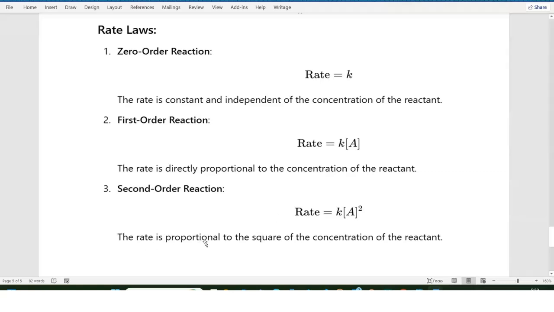So where you have two reactants, this is what it would be: the concentration of oxygen and the concentration of sulfur dioxide.